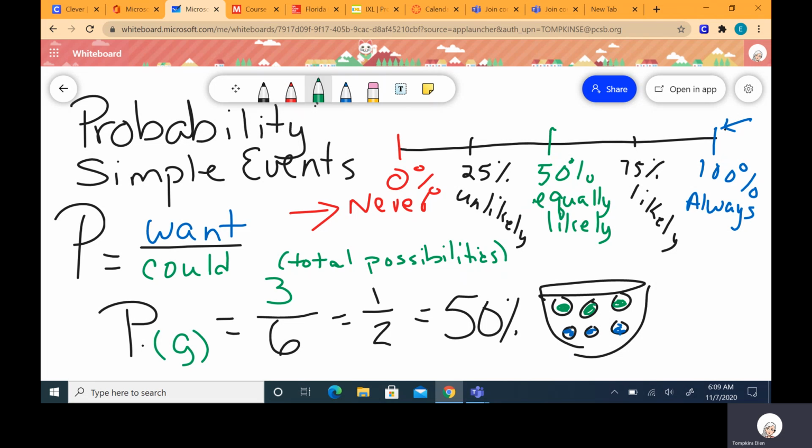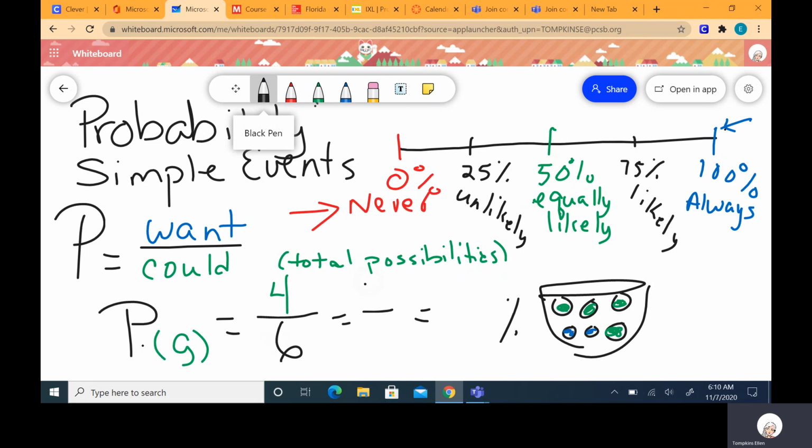Now let's change one of the blue marbles to green again. All right, so now we're going to look at it and see how that changes. The probability of pulling a green now is 4 out of the 6.